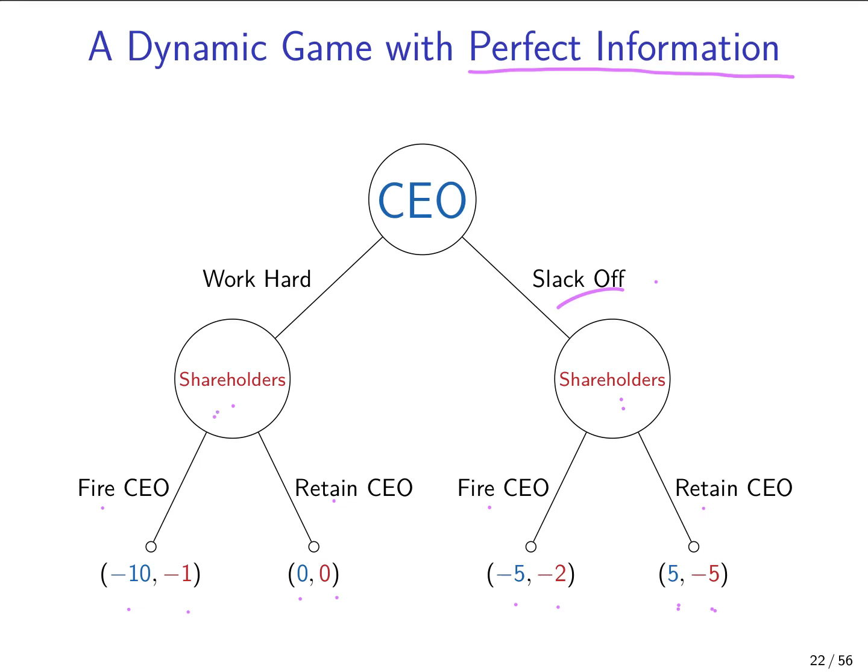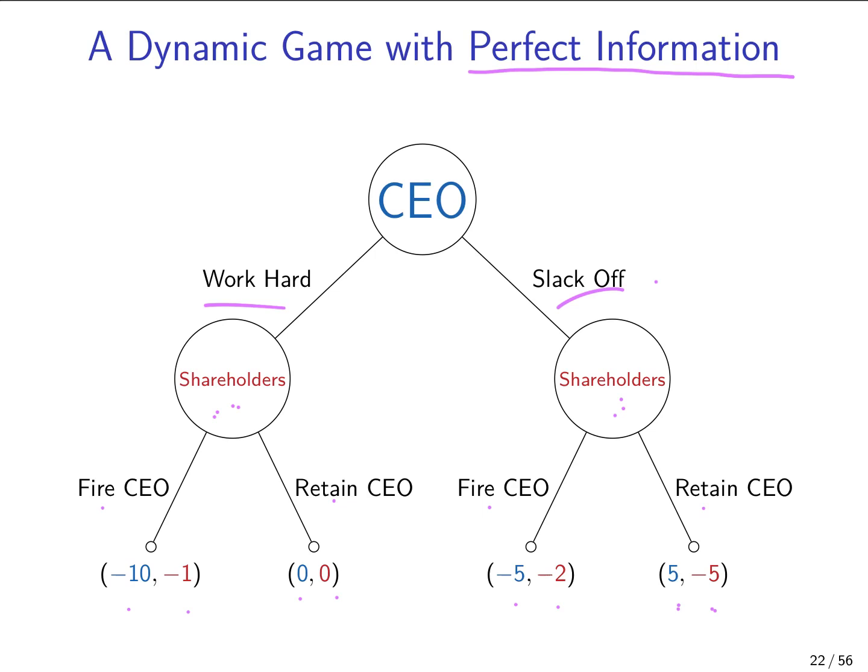The shareholder here would know that the CEO has chosen to work hard, and that's why a dynamic game like this is called a game with perfect information, right? So perfect information about the history of prior actions, okay?